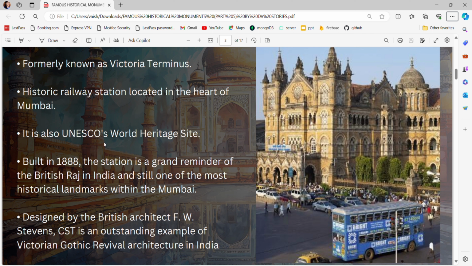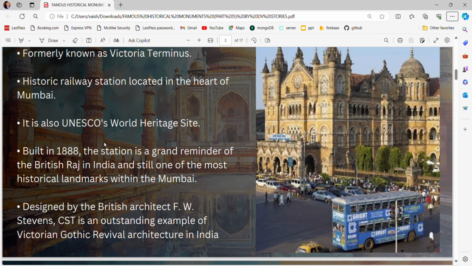Built in 1888, the station is a grand reminder of the British Raj in India and still one of the most historical landmarks within Mumbai. Designed by the British architect F.W. Stevens, it is an outstanding example of Victorian Gothic Revival architecture in India.